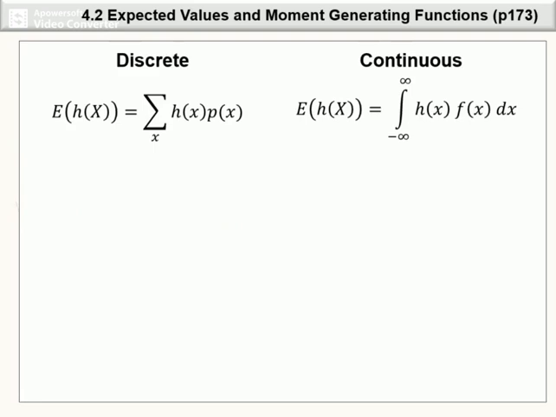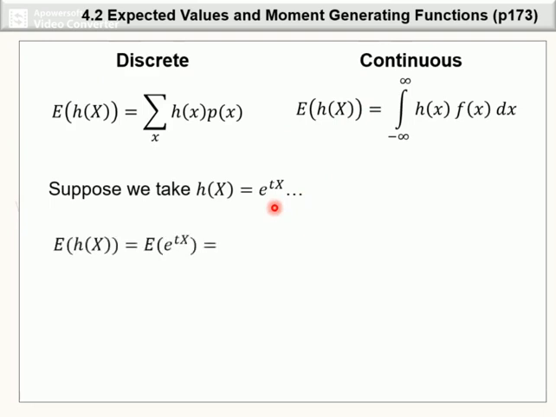Now, if we come back to these formulas here, this is the expected value of a function of the random variable. This is the case for discrete on the left, and this is the case for continuous, and we established this is the definition in class. So now I want to look at this case of h(x). It's a special example. If I take h(x) to be e to the power of tx, then in the discrete case, that's just the expected value of e to the tx.